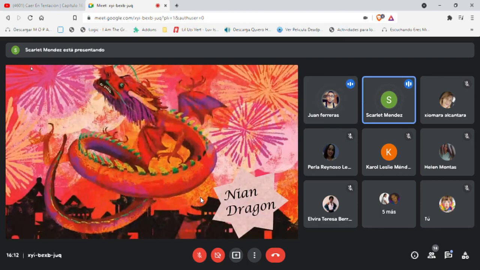The next is the Nian dragon. The Nian dragon is a story to explain why Chinese New Year is celebrated with lots of noise. Once there was an ugly, scary monster called Nian who regularly came down from the mountains to hunt people. The villagers were so afraid of it that they locked themselves in their houses on the days it was coming.